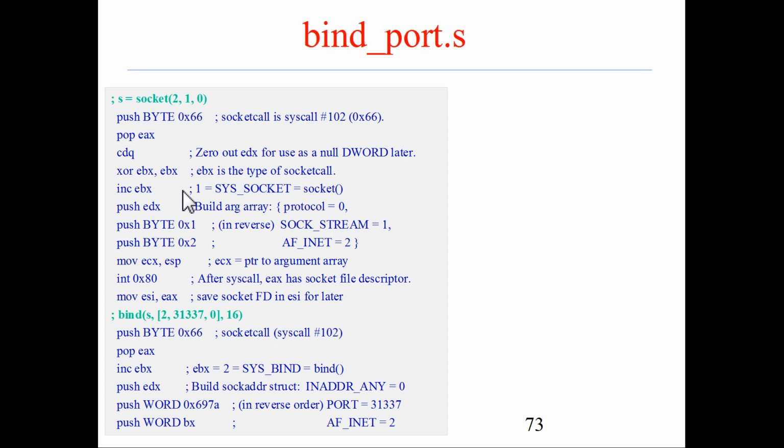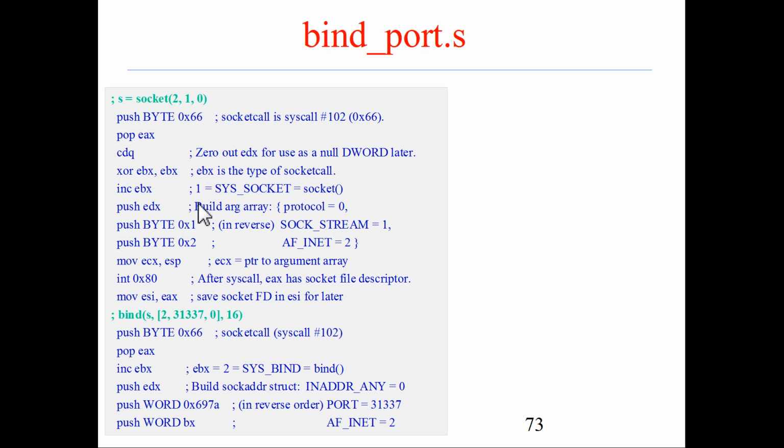Now we set up EBX, so we XOR it out, and we're going to have to set it to 1. And then we begin the arguments for the socket call, so 2 and 1, 0.